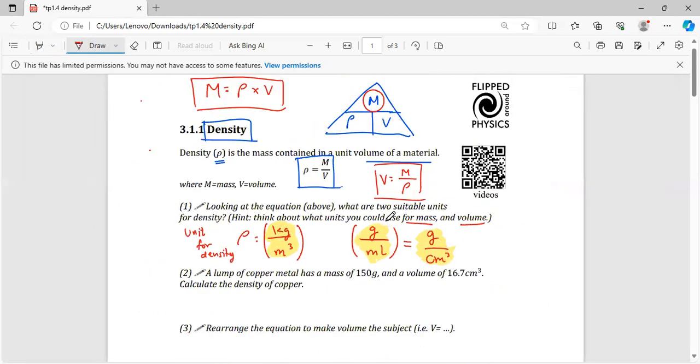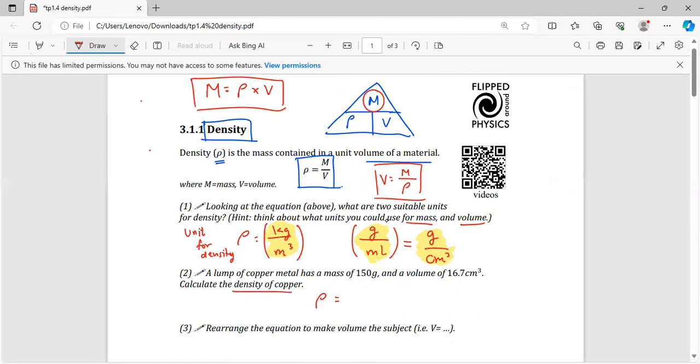Number two here. I'm going to zoom out a bit. A lump of copper metal has a mass of 150 gram and a volume of 16.7 centimeter cube. Calculate the density of copper.